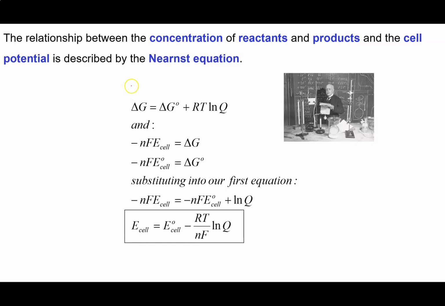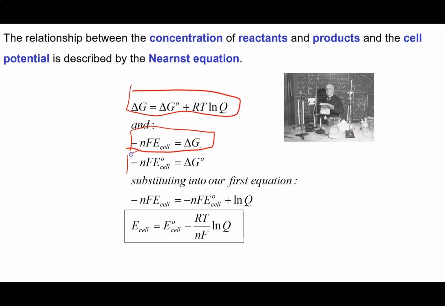Now previously we had said that the Gibbs free energy change for a reaction will change depending upon what the value of Q is. In particular, the Gibbs free energy change for a reaction under non-standard conditions is equal to the standard Gibbs free energy change plus RT log Q. Now we had previously developed this relationship relating the cell potential and the Gibbs free energy change for a reaction.